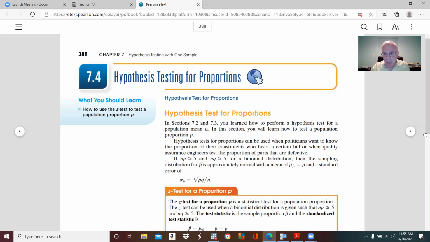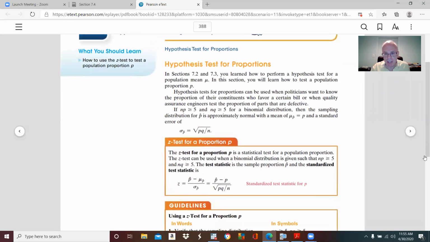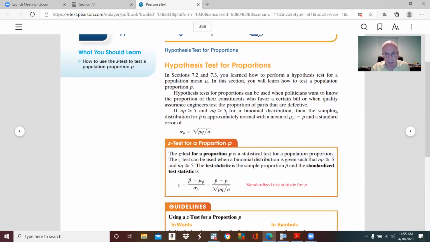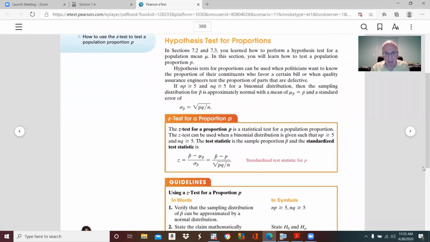You don't need to worry about that, but just know that in this textbook they use 5. I think in my problem solving I use 10 because I'm used to seeing that in other textbooks. So don't worry about that. It's going to be well above 5 or 10 when we multiply n times p and n times q. But I'll show you that in a minute.